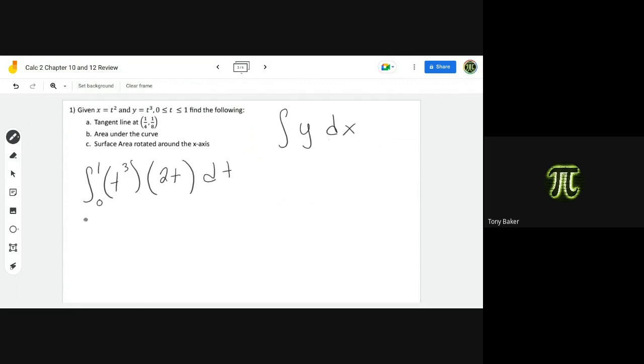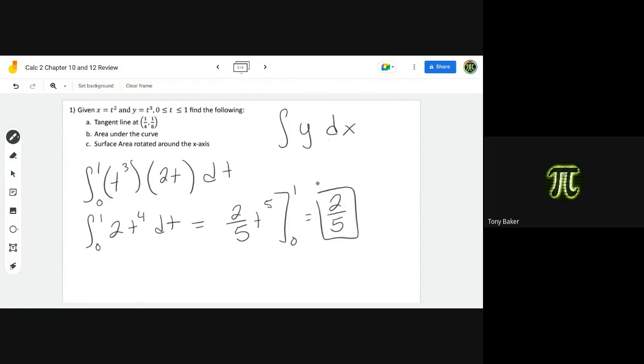So we have the integral from 0 to 1 of 2t to the fourth power. Remember integration: add 1, divide. So I have 2/5 t to the fifth, evaluated from 0 to 1. This comes out to be 2/5.